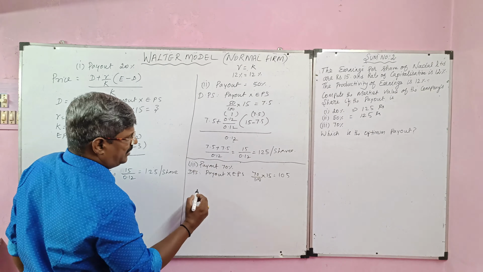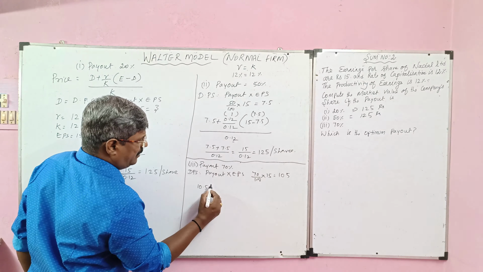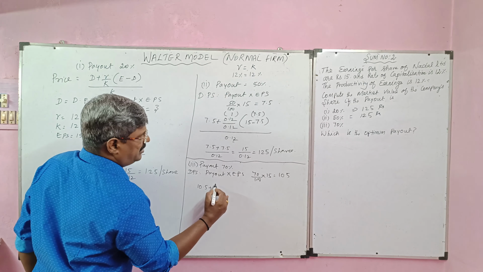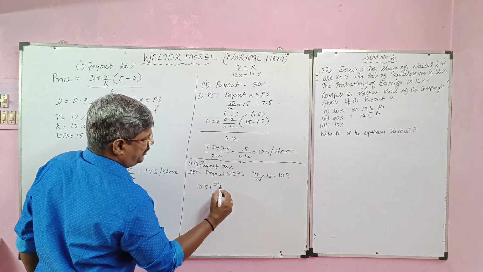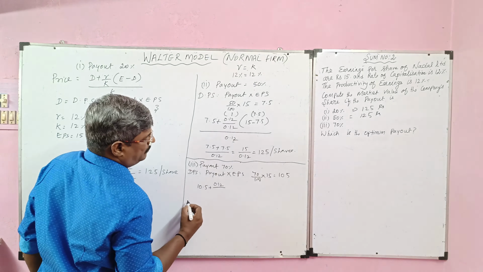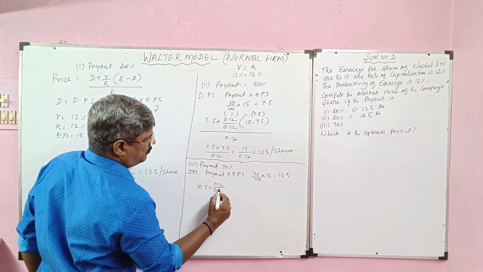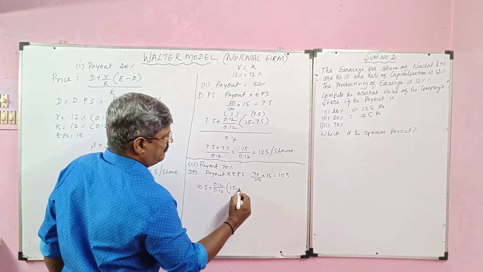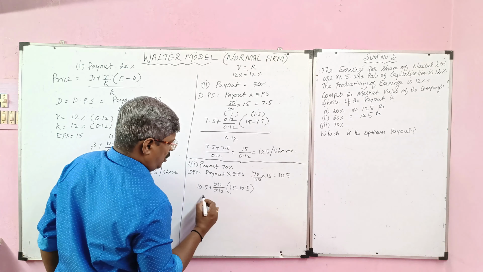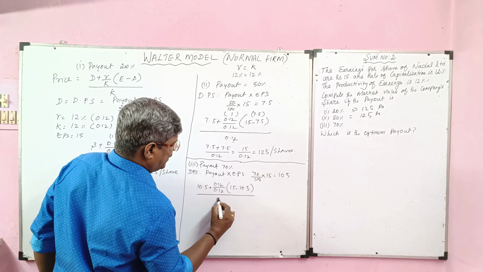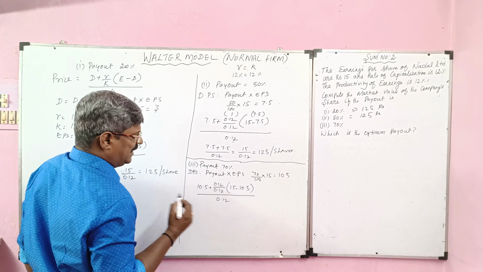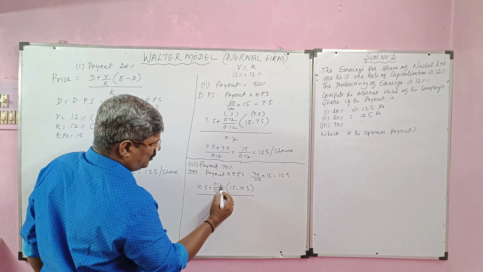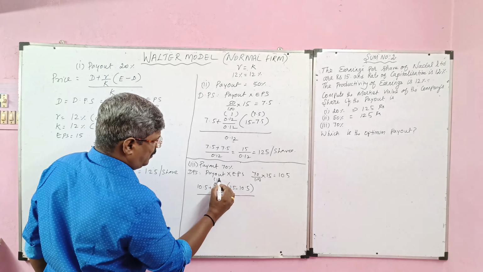We can apply the formula. Dividend per share 10.5 plus R divided by K. R is 0.12. K is 0.12. Open the bracket. EPS 15 minus dividend per share 10.5, divided by K, which is 0.12. Earlier I said divide 0.12 by 0.12, we'll get 1.